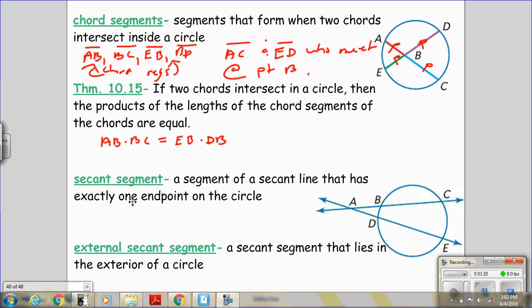So on our figure on the right, AC and AB and AE, sorry, and AD are considered secant segments. And then an example of an external secant segment would be AB and AD.